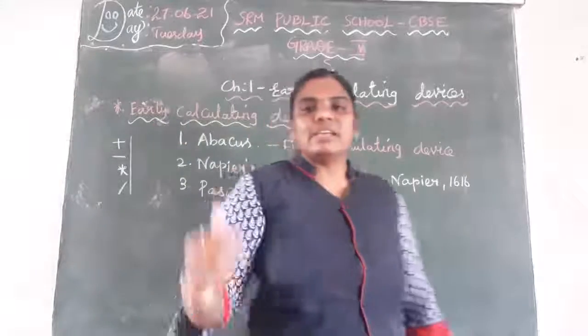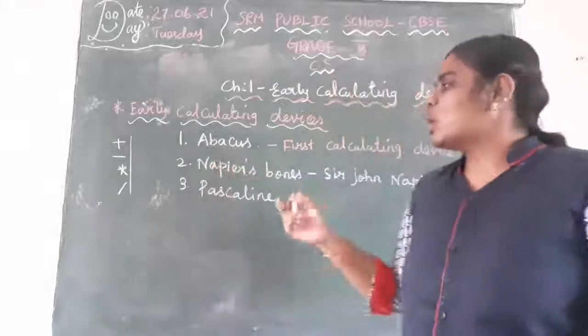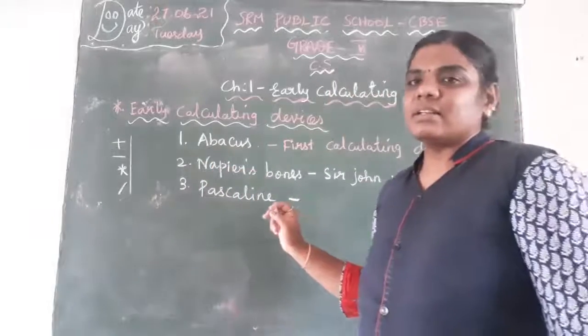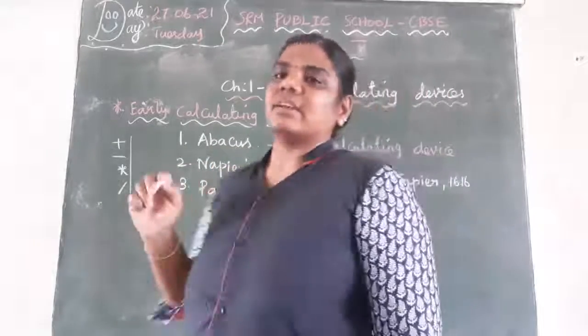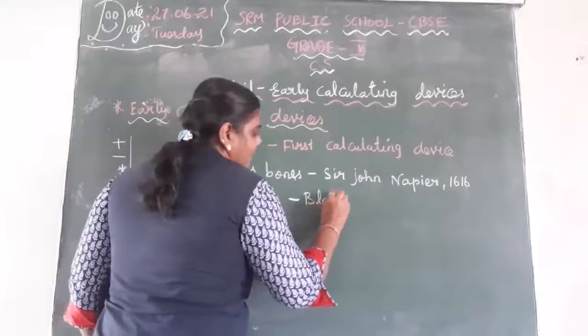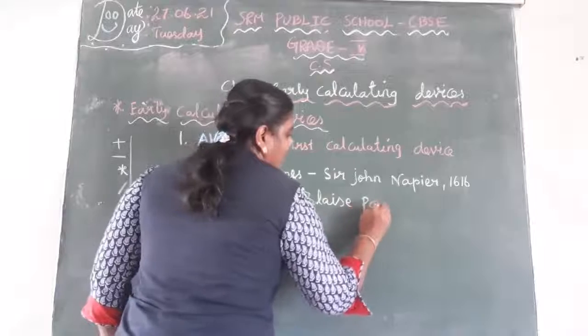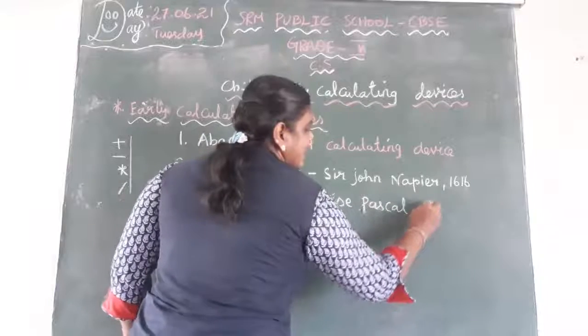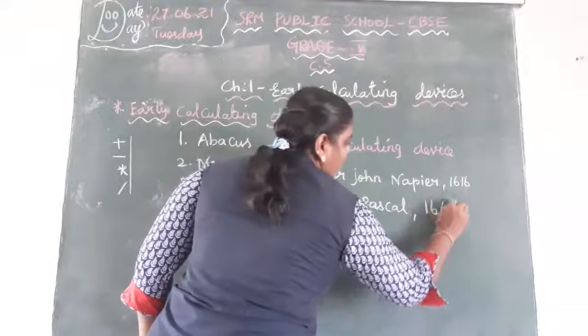Okay. Next device name is what? Pascaline. Who invented the device? Blaise Pascal. Okay, in the year 1641.